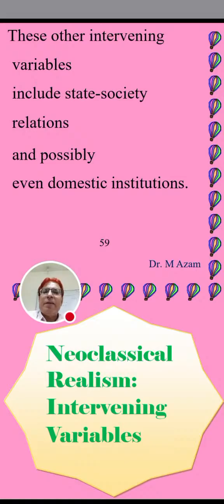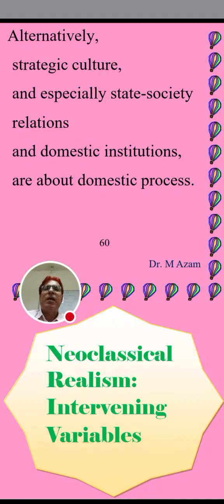Slide 59. These other intervening variables include state-society relations and possibly even domestic institutions. Strategic culture, and especially state-society relations and domestic institutions, are about domestic processes.